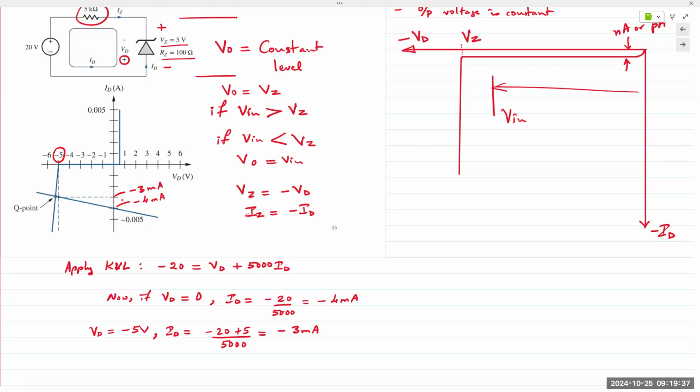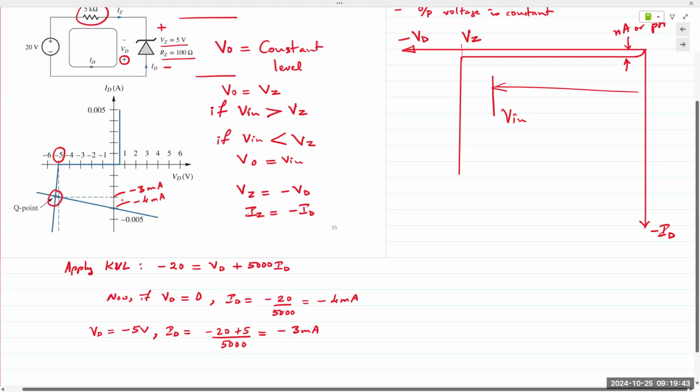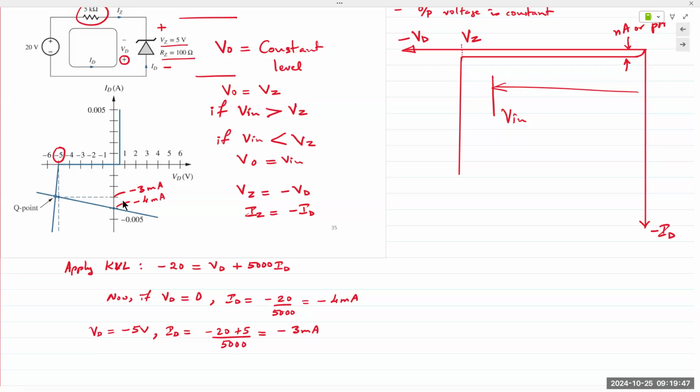Well, join the 2 points, draw the load line until it intersects the device characteristics, which is this point right here. From that point, we'd go to the graph and eyeball the values to determine the approximate values of that intersection point.